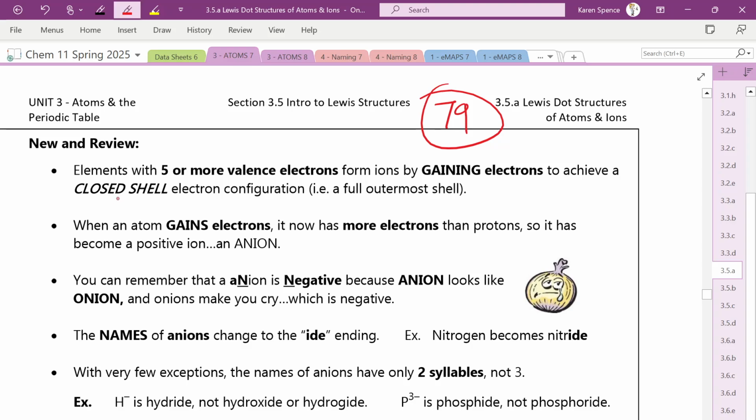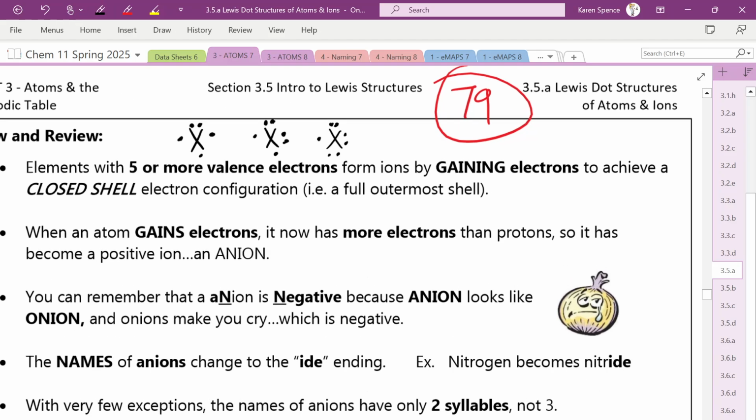Okay. Elements, if they have 5 or more electrons, so let's say we had 1, 2, 3, 4, 5, or 1, 2, 3, 4, 5, 6, or 1, 2, 3, 4, 5, 6, 7.